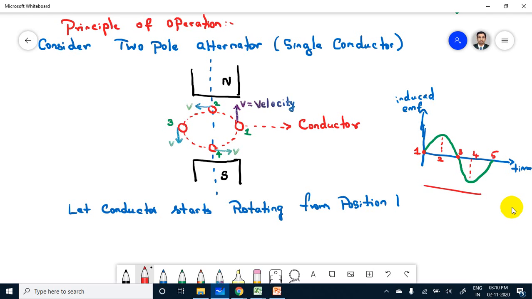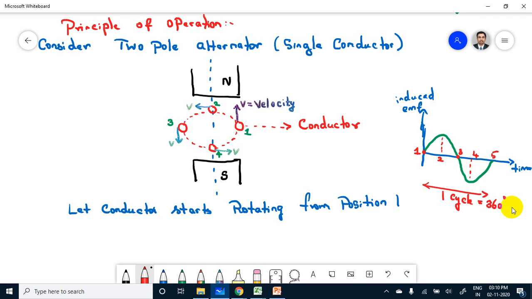So overall it is one cycle. One cycle is how much? This is one cycle, 360 degrees. Do you understand?